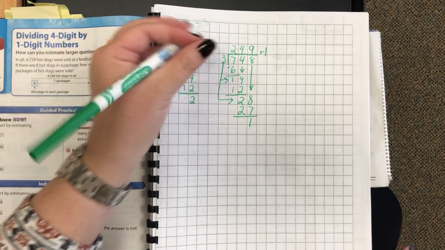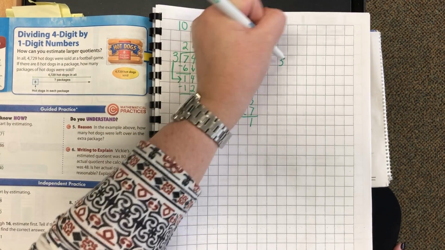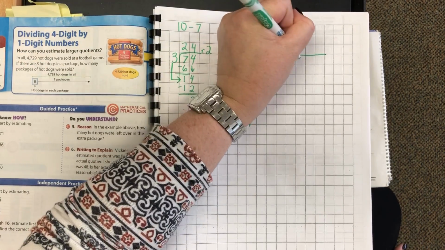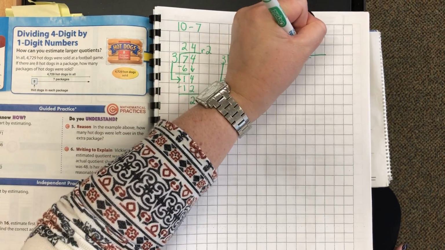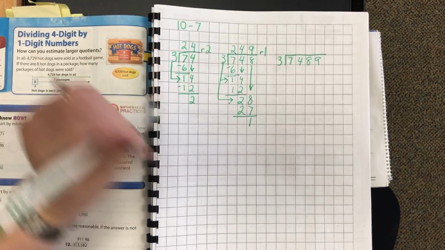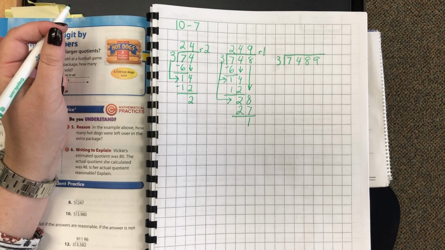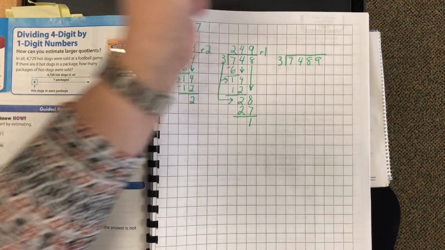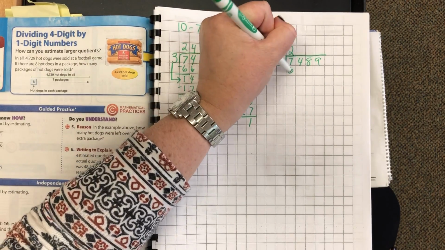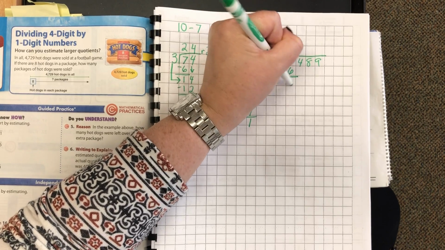So what if, again, I was putting 3 into 7,489. 3 can go into 7 2 times, because 2 times 3 is 6, and 7 minus 6 is 1.